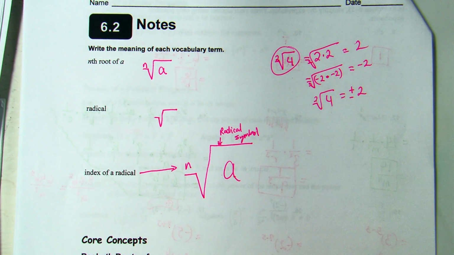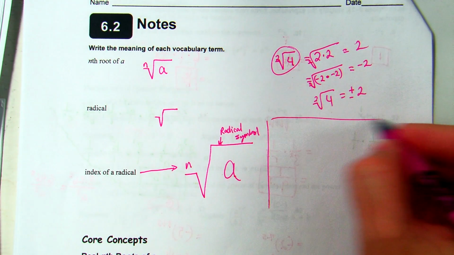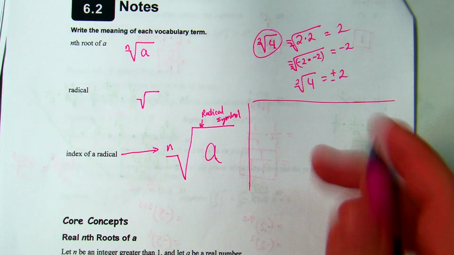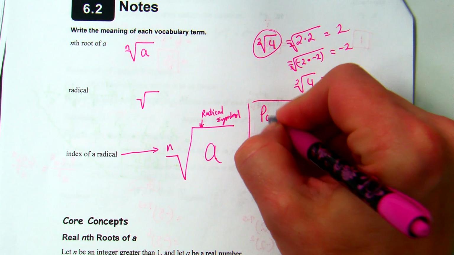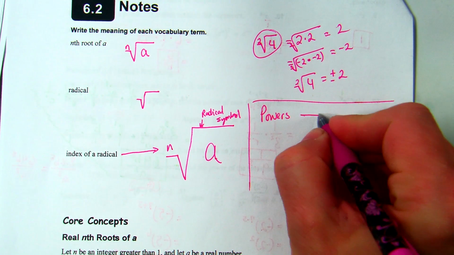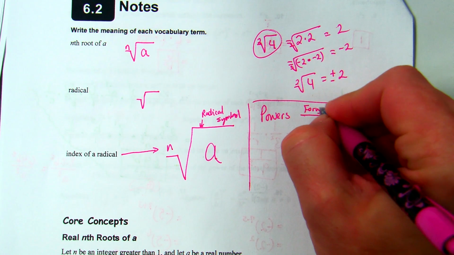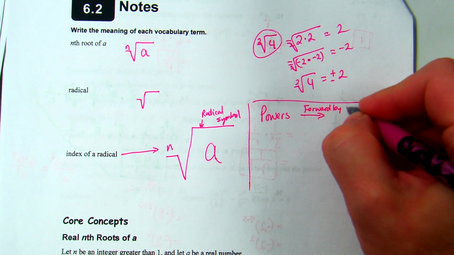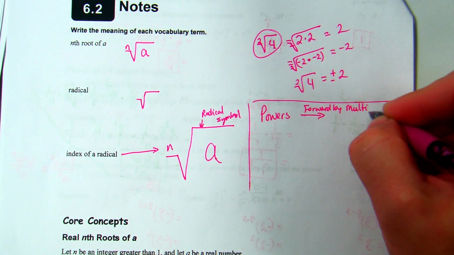All right, now, when we're talking about radicals, in contrast to powers, something I like to do here, kind of explain this a little bit. Okay, your powers are moving forward by multiplication.